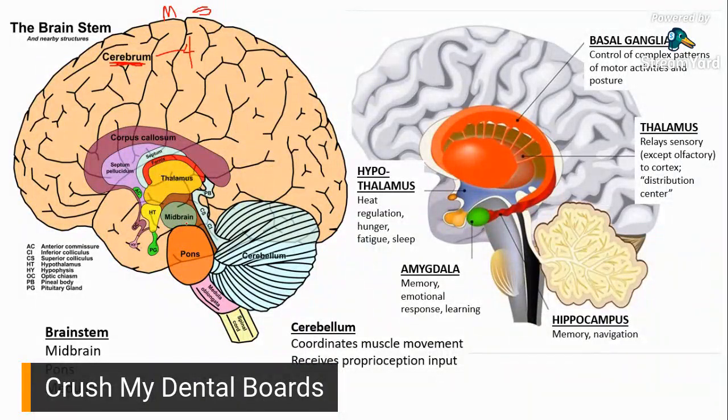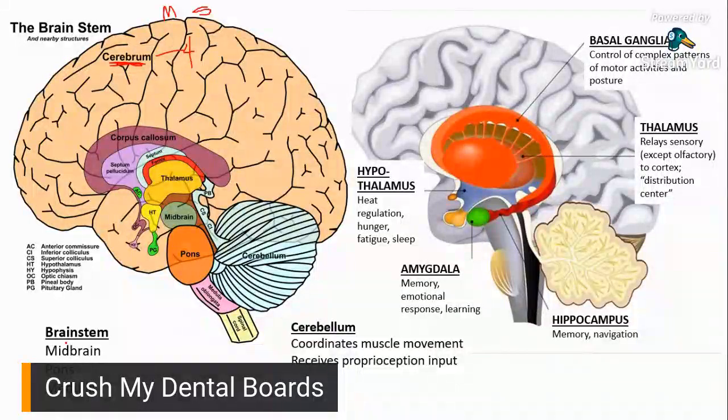Here, our focus would be on the other parts of your brain, such as your brainstem. The brainstem is very important. If you recall our topic on cranial nerves, 10 out of the 12 cranial nerves arise from the brainstem.